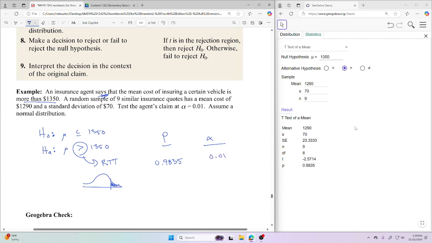He says the mean is not more than 1350. Oh, it's definitely more than that. And then he goes around and asks 9 people, which is again a little weird, and he got an average that's less than 1300. He says it's more. He didn't even get more, but you know what I mean? It's so weird.